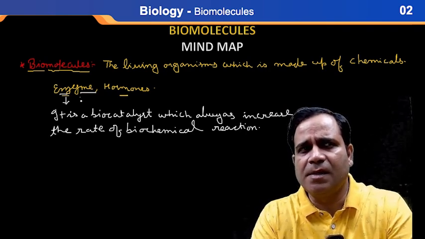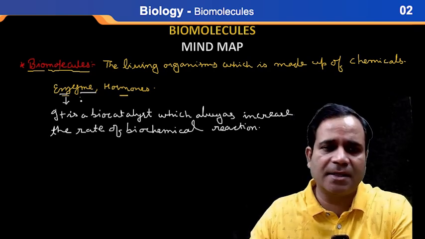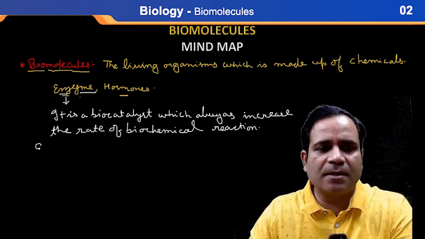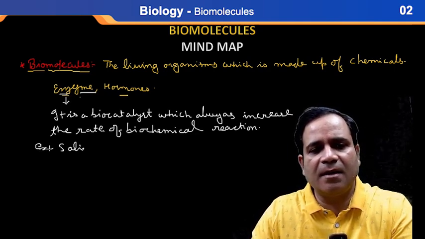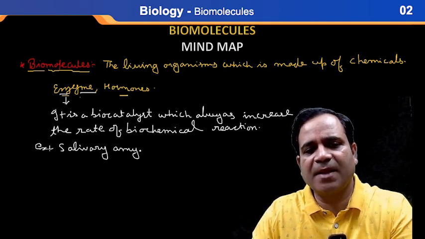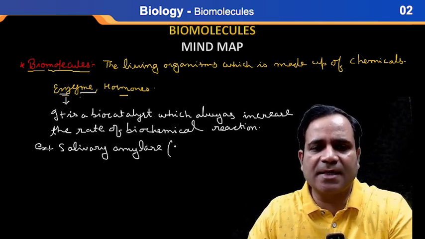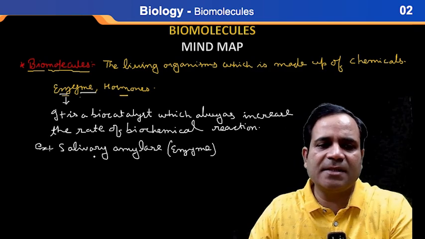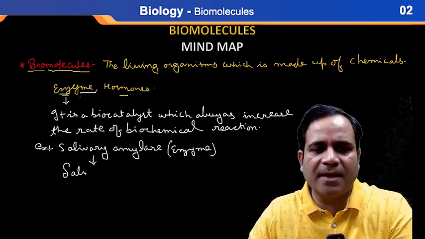Here I am going to give you an example of an enzyme. Just take the example of salivary amylase. Salivary amylase is an enzyme, my dear, and this enzyme is secreted from the salivary gland.